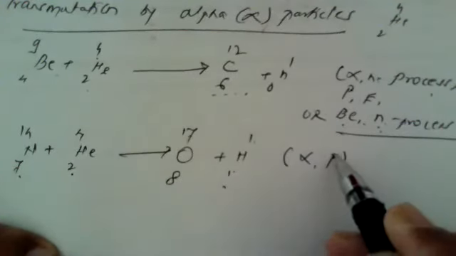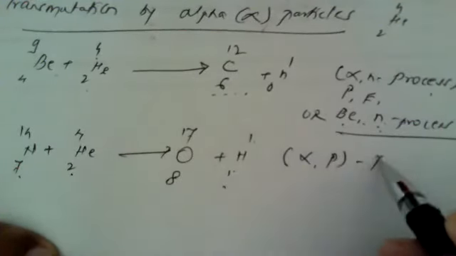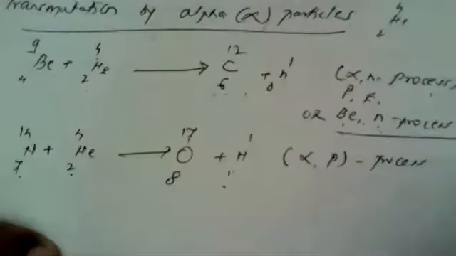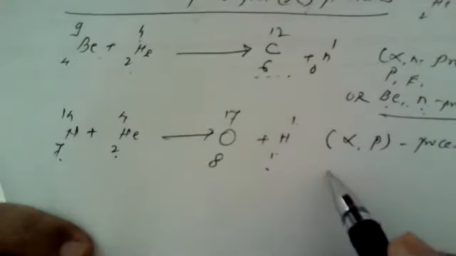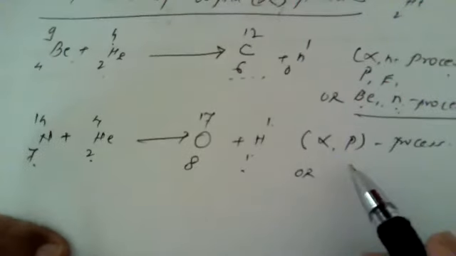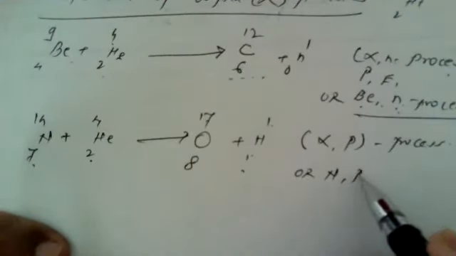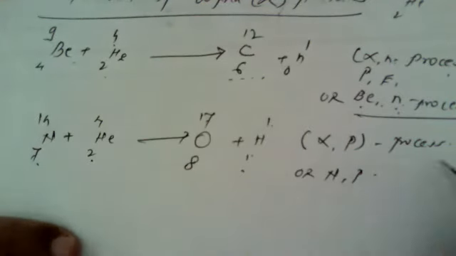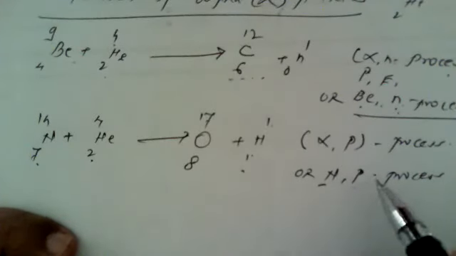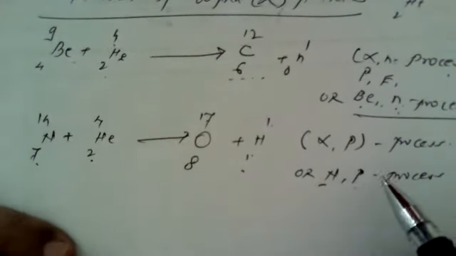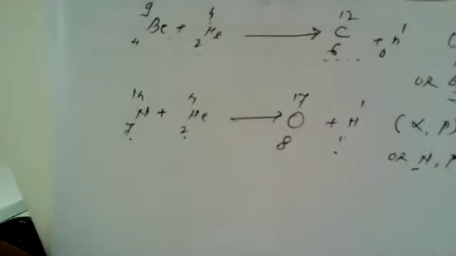So this reaction is known as the alpha-p process, or the same reaction can be written with nitrogen as target and protons ejected, hence the N-p process. Here N stands for nitrogen, p stands for the protons which are ejected during this transmutation.